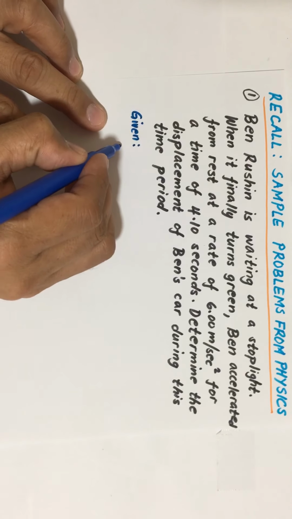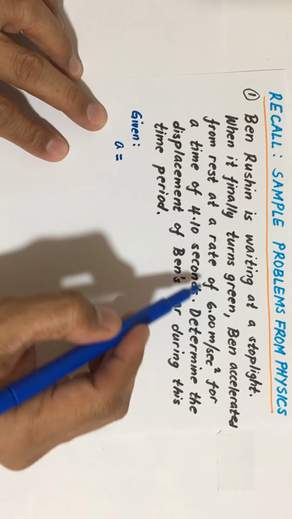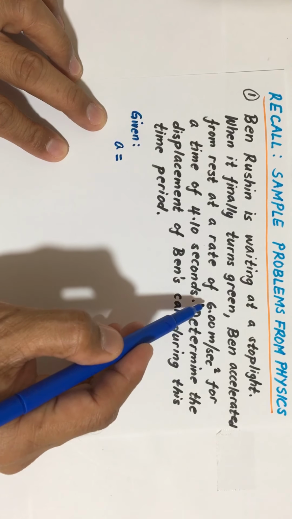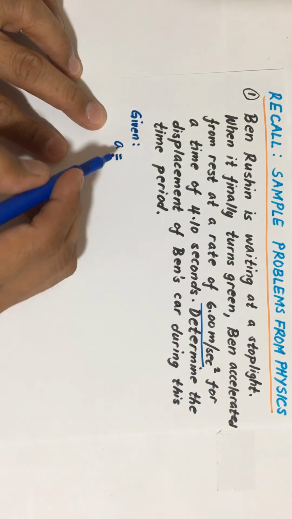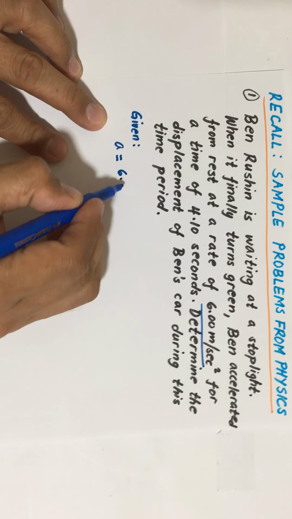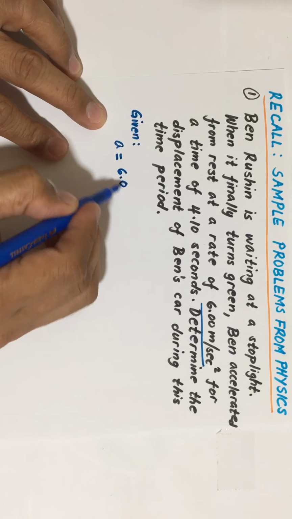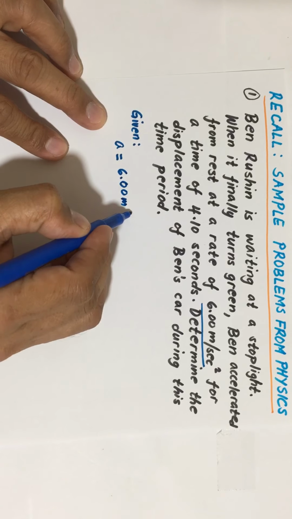So in the problem we're given the acceleration, which is 6 meters per second squared. The unit is meters per second squared, so that indicates an acceleration. So this is 6.00 or just 6.0 meters per second squared, that is our acceleration.